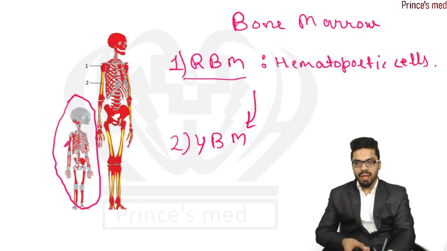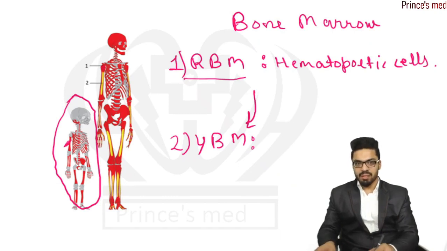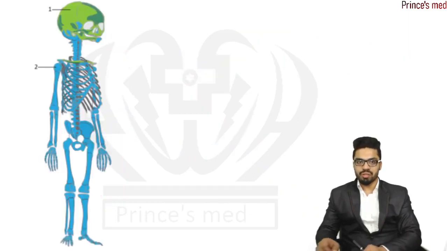So yellow bone marrow develops after red bone marrow, and it is composed mainly of adipose tissue, with no hematopoietic function, and it is located in the medulla of the long bones in adults.